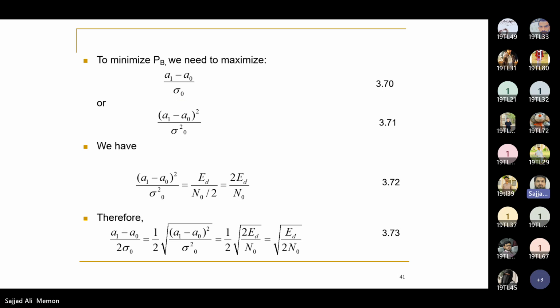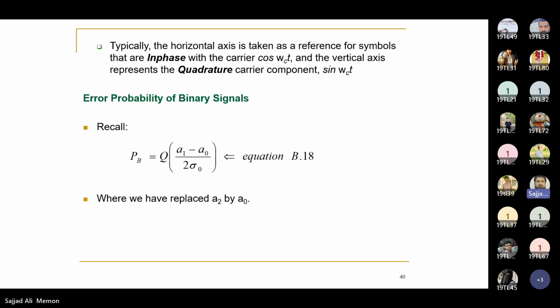So you can optimize this value in equation B.18, where you can replace this by 2 E_d by 2 N naught.